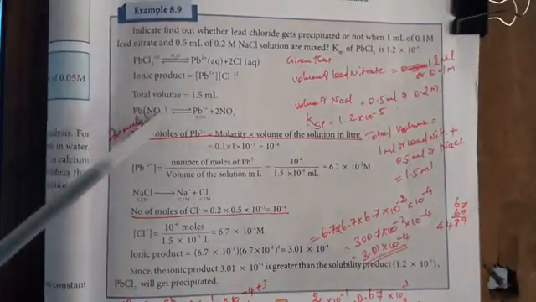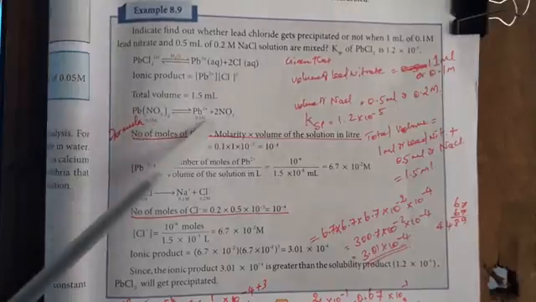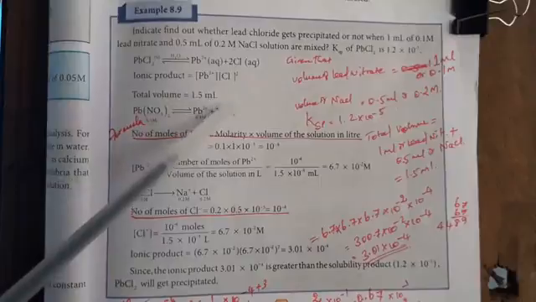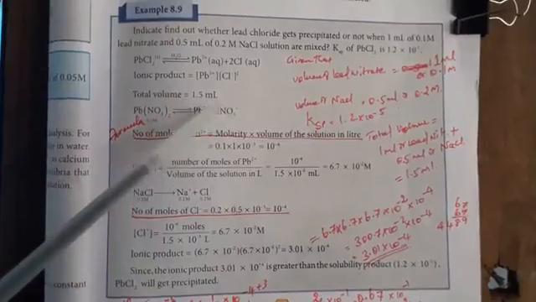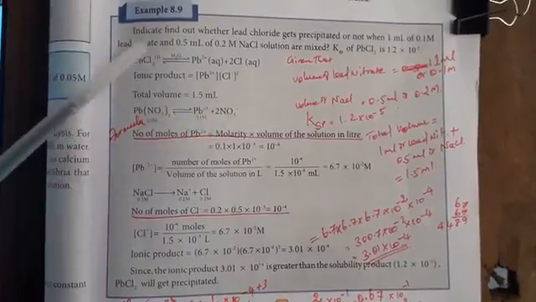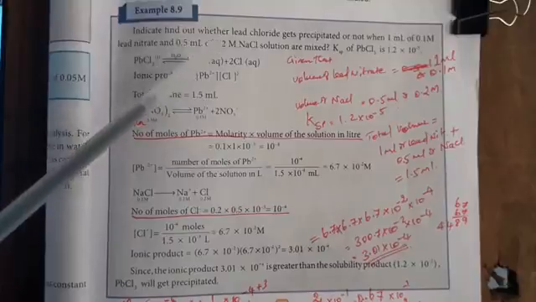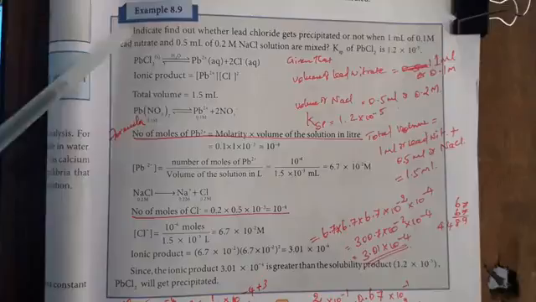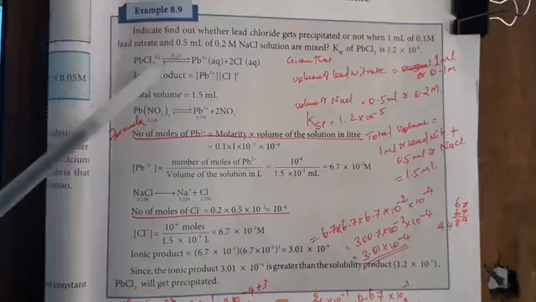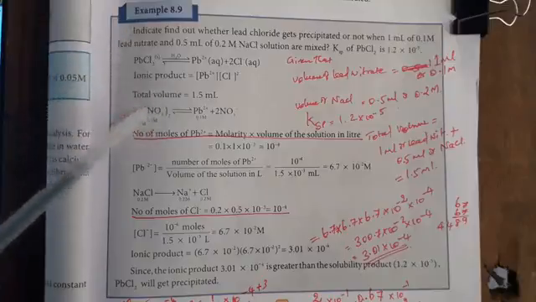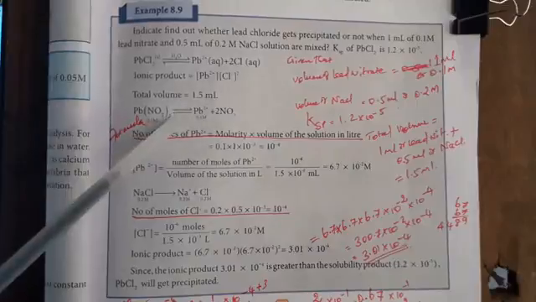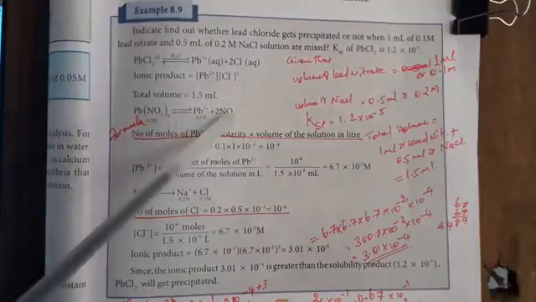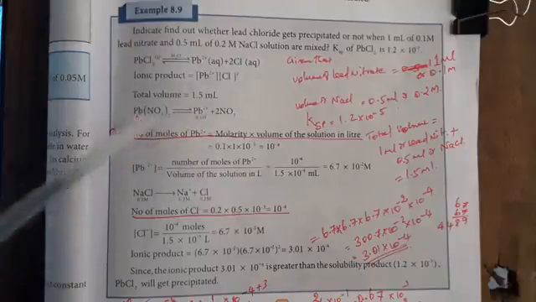Lead nitrate equilibrium, lead 2 plus and 2 NO3 minus ion. There are two chemicals, one is lead nitrate and another is sodium chloride. They mixed to form lead chloride. So now lead nitrate is dissolved in water, lead 2 plus and 2 NO3 minus ion.